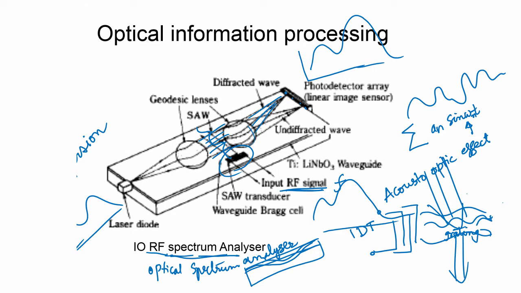So, technology wise, we have seen that lithium niobate is a good candidate for the acousto-optic effect, and we have used conventional integrated optical elements like gratings, lenses and so on to achieve this.